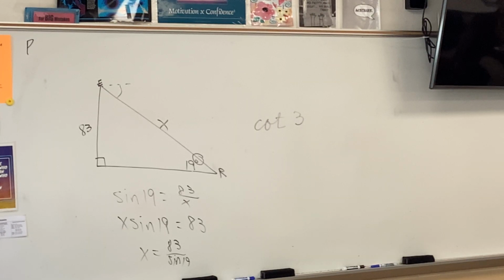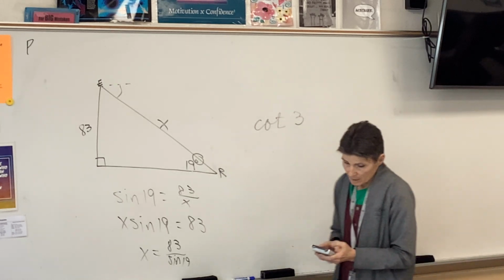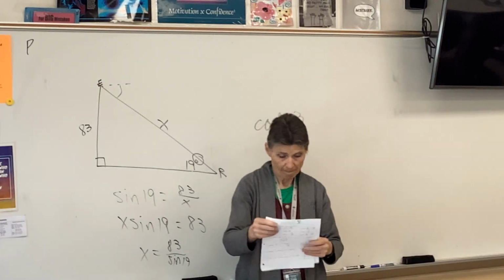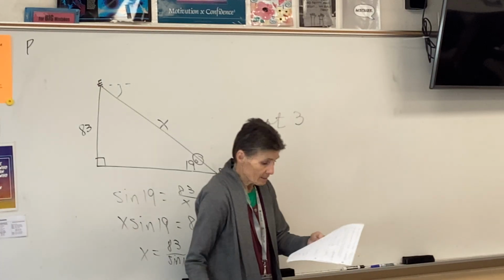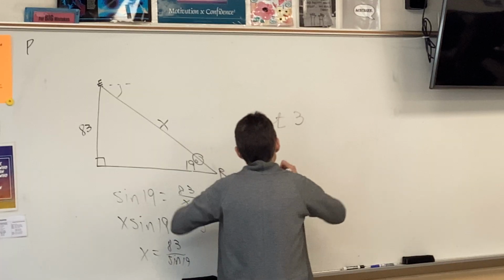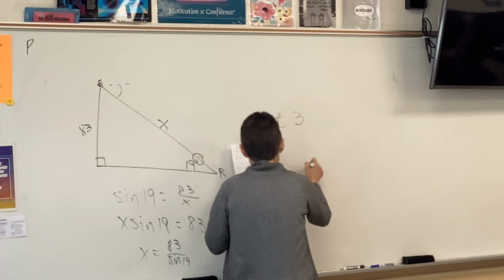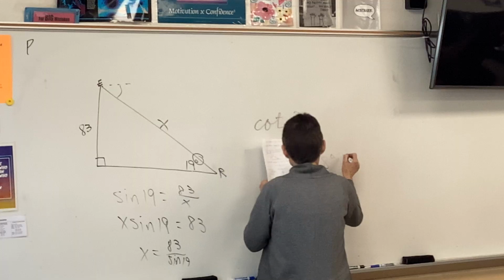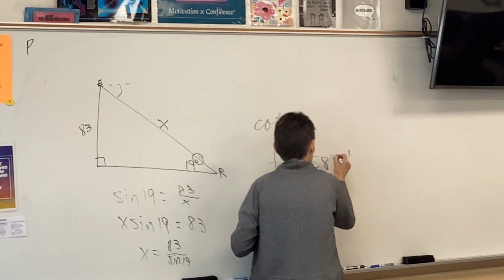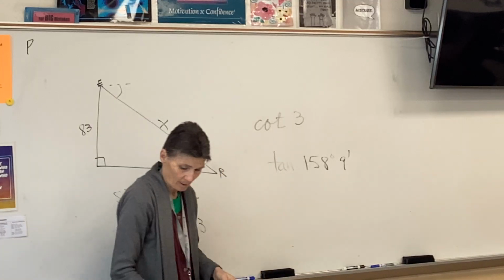Okay. Anything else? Yep. 10A on the 2 heart. It's kind of the same as this. It says evaluate the tangent of 158 degrees, 9 minutes. Now that is a degree.